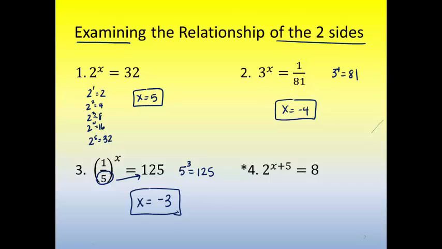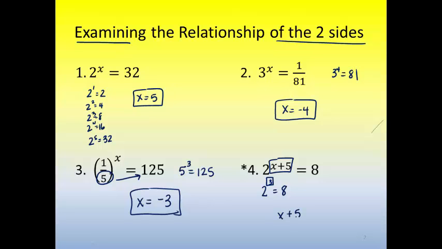Now I put an asterisk next to this one, not because it's going to be treated any differently, because I am still going to compare how we go from 2 to 8, but I have this exponent that's no longer just the x. So here I'm saying, well, I know that 2 cubed equals 8. So that means that this exponent must equal 3.